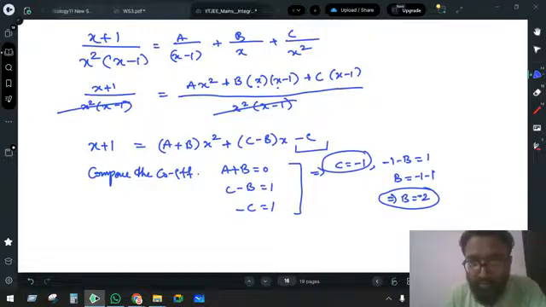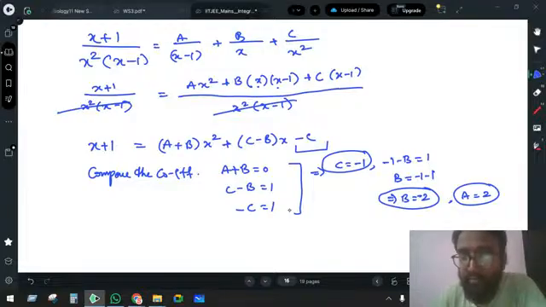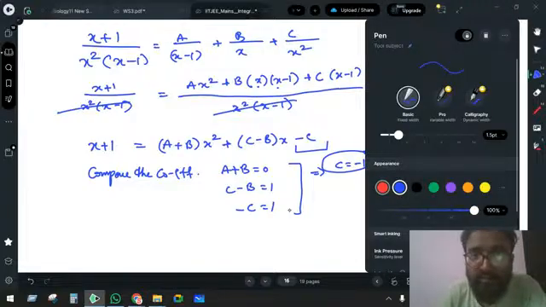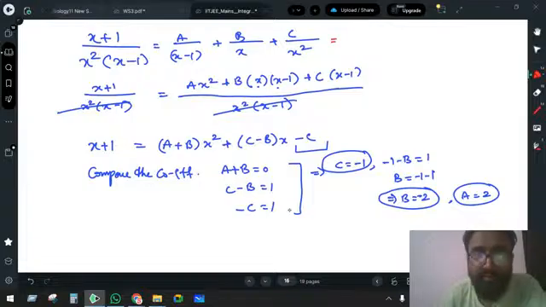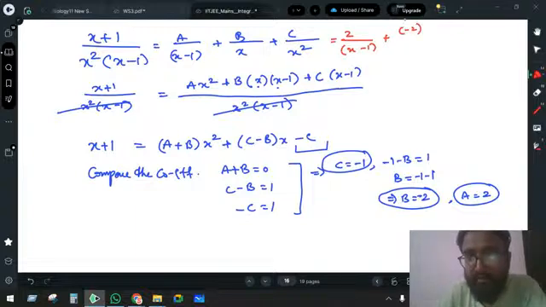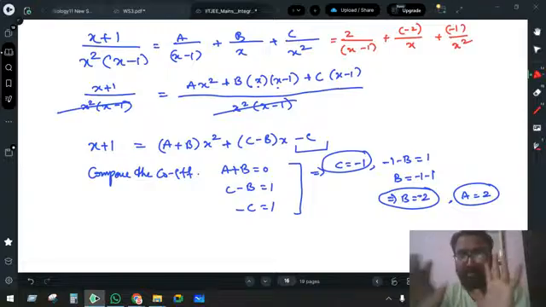Substituting B is equal to minus 2 in A plus B is equal to 0, you will get A is equal to 2. Then you can write this equation as 2 by x minus 1 plus minus 2 by x plus minus 1 by x square. Is it clear? This is the partial fraction process.